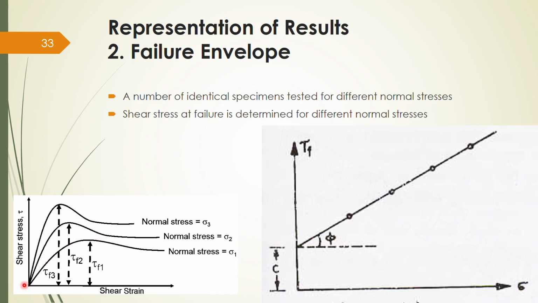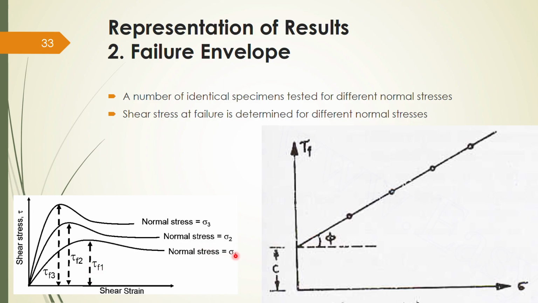From the first curve we can obtain the shear strength, the shear stress value at failure. From the second curve also we can find the shear stress value at failure. From the third curve also you can find the shear stress value at failure. So you will be getting sigma 3 corresponding to tau F3, sigma 1 corresponding to tau F1.